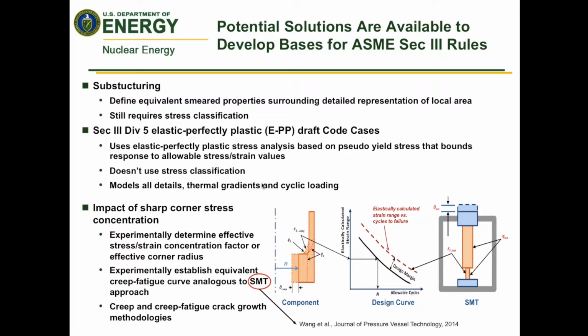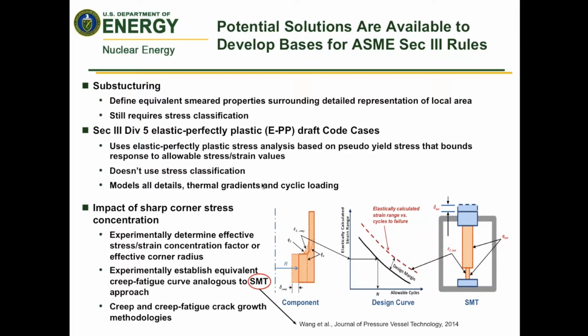A perhaps more elegant approach would be to use the draft code cases in preparation that use the elastic perfectly plastic approach of pseudo-yield stresses to approximate the stress strain behavior of the material. Does not require stress classification and would allow the modeling of all of the detailed thermal gradients and cyclic loading that are required for these structures.